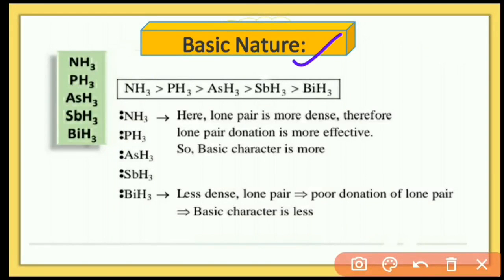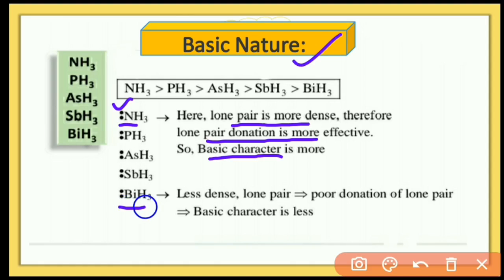Basic nature of hydrides. In group 15 elements, the basic character of hydrides decreases down the group. Ammonia has a lone pair of electrons, and due to its smaller size the lone pair is more dense, therefore lone pair donation is more effective. So basic character is greater in NH3 as compared to other hydrides of group 15 elements.